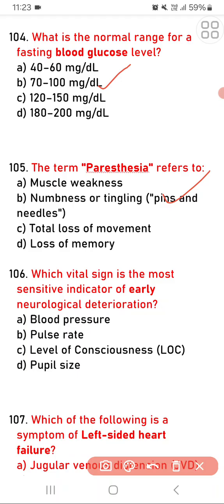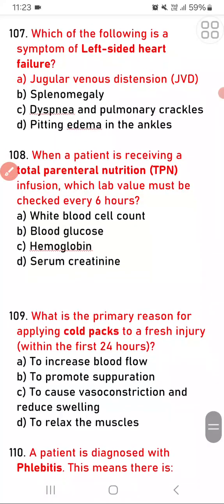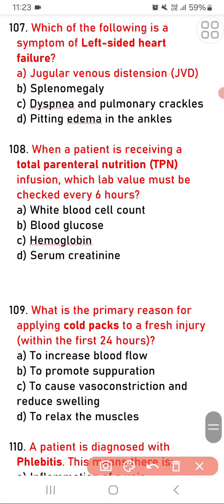Which vital sign is the most sensitive indicator of early neurological deterioration? Level of consciousness, LOC. Which of the following is a symptom of left-sided heart failure?